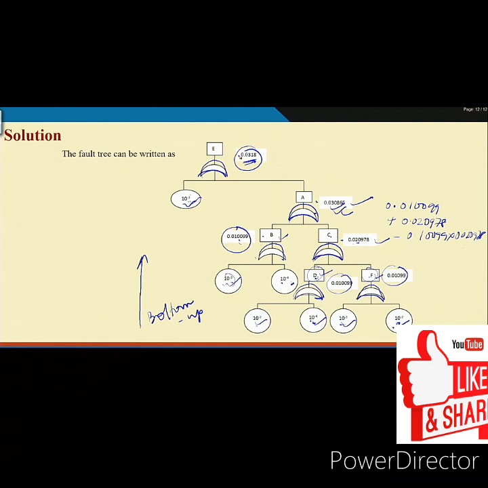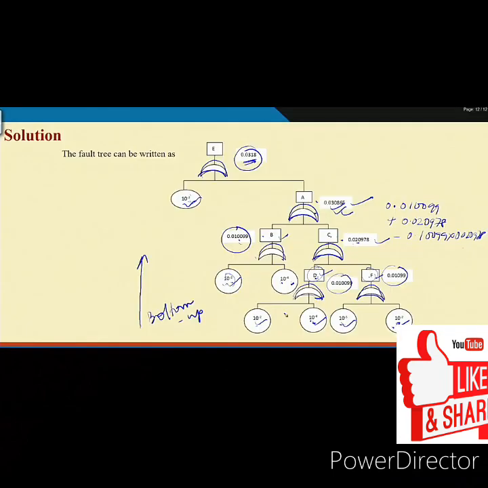But those basic event probability values are not the true values, they are hypothetical values. I have given some probability values. So, the true probability values will be much lower, so that this will also be much lower. That is what will actually happen. But suppose these are the bottom level basic event probabilities, this is the procedure you follow.